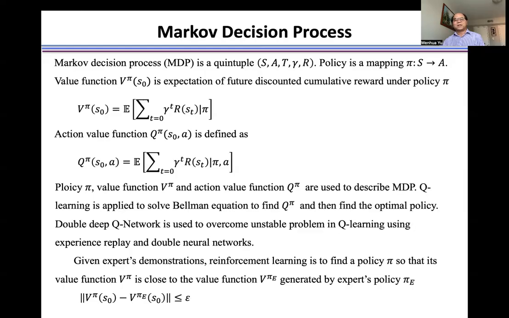The purpose is to make this difference a minimum. One is the state value function under the learned policy, and this is the state value function under the expert policy. That means we try to find a policy which is close to the expert policy.